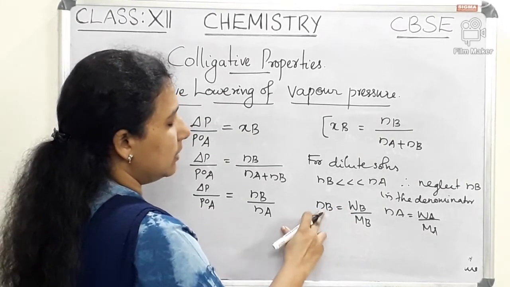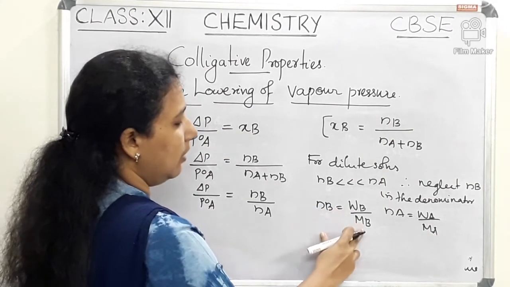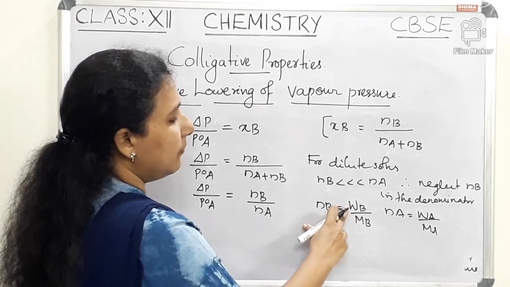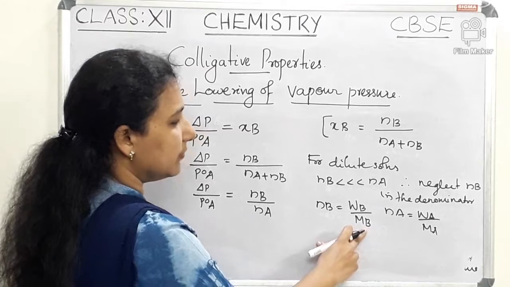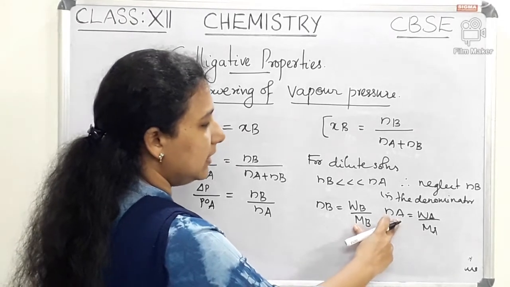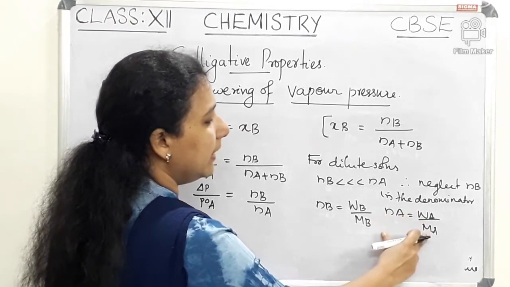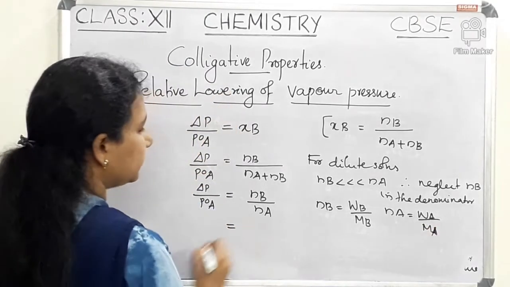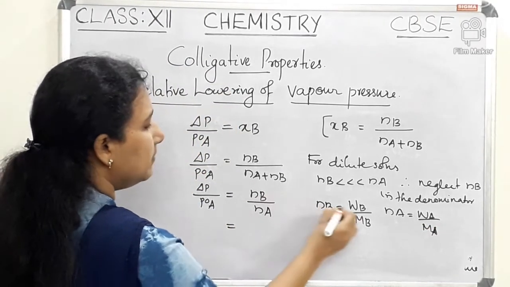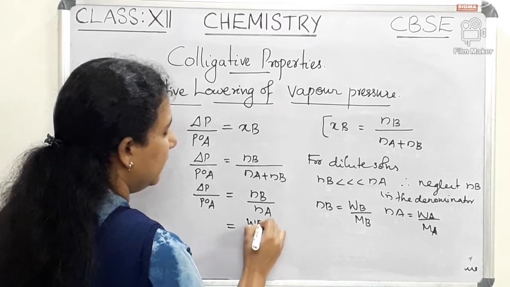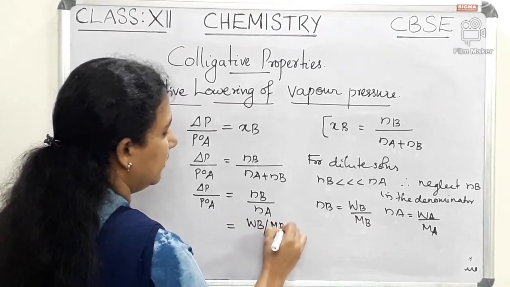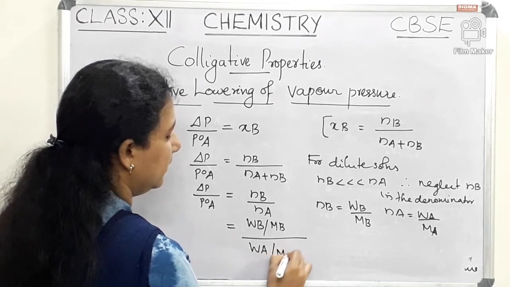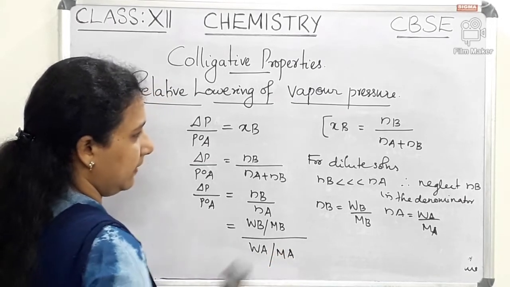So the number of moles of B equals the mass of B divided by the molar mass of B, and the number of moles of A equals the mass of A divided by the molar mass of A.